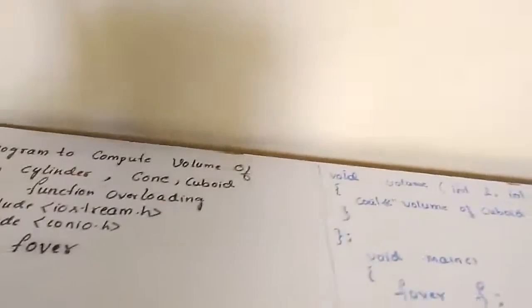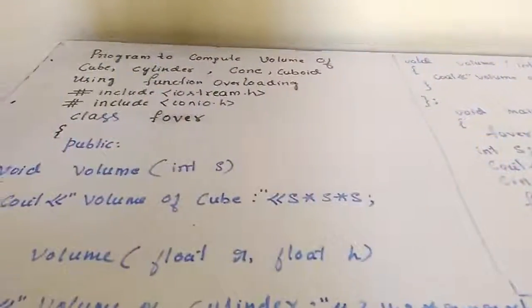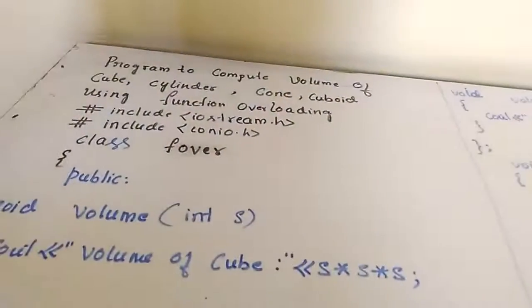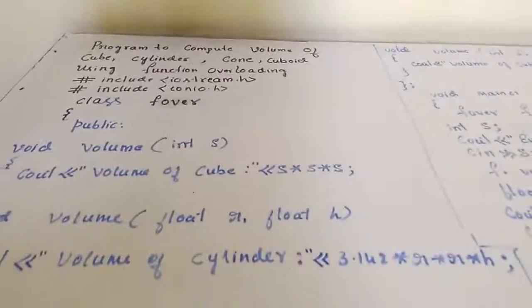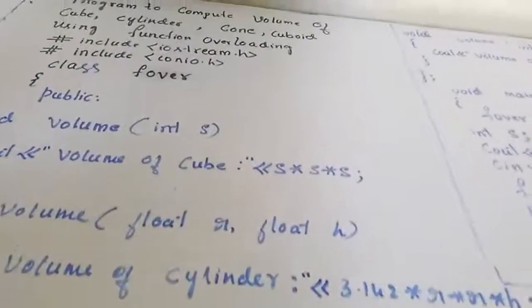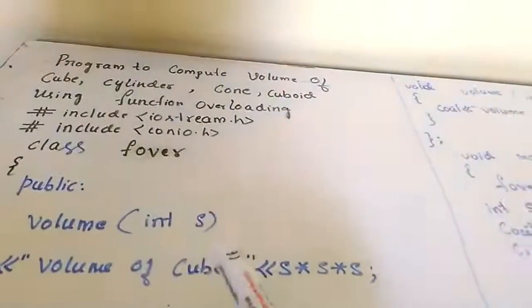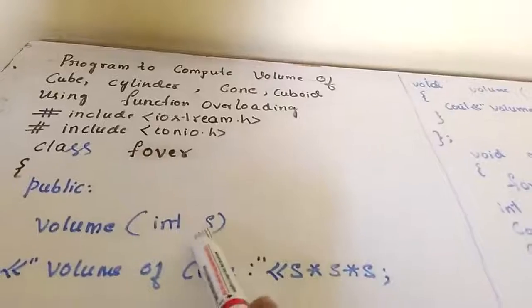So in all these functions we are calculating volume of polygons. It achieves function overloading because all function names are the same, but they have different types of arguments. In what way have we differentiated here? In the first function, int s, only one argument.